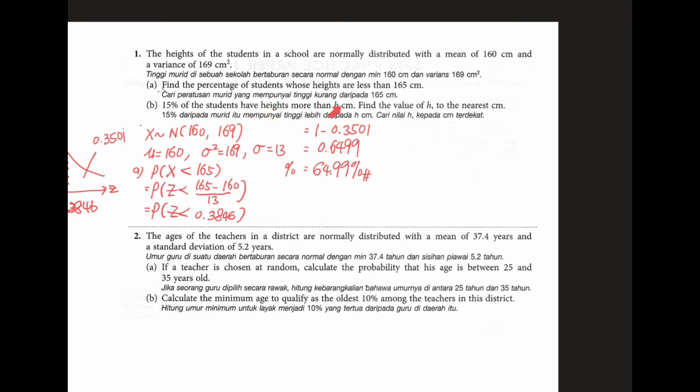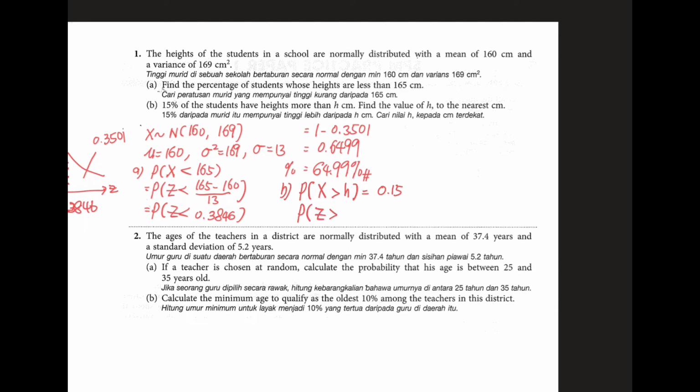So you see part B. 15% of the students have height more than H cm. So 15% is actually the probability, 0.15. Probability of height more than H is 0.15. Find the value of H.